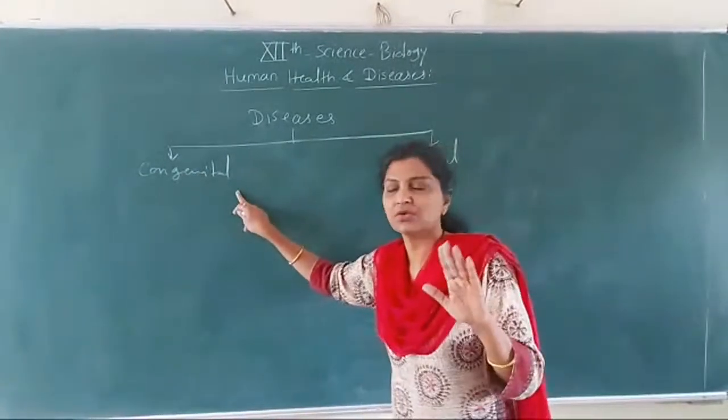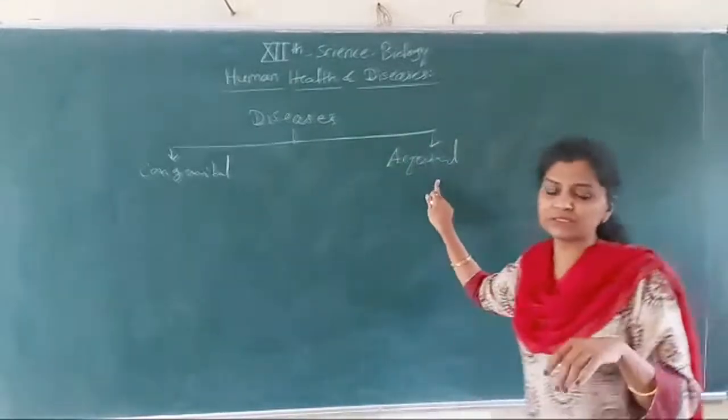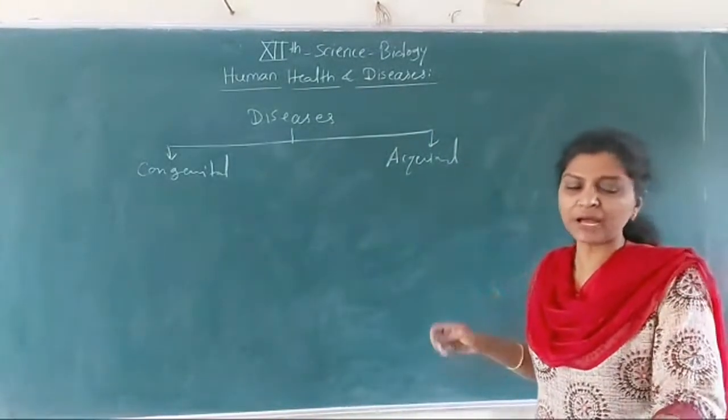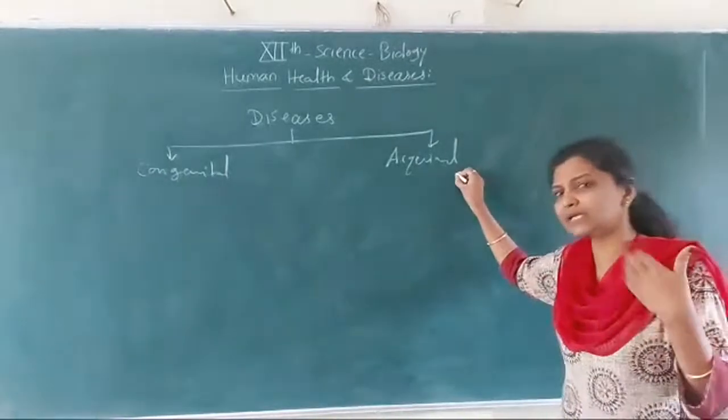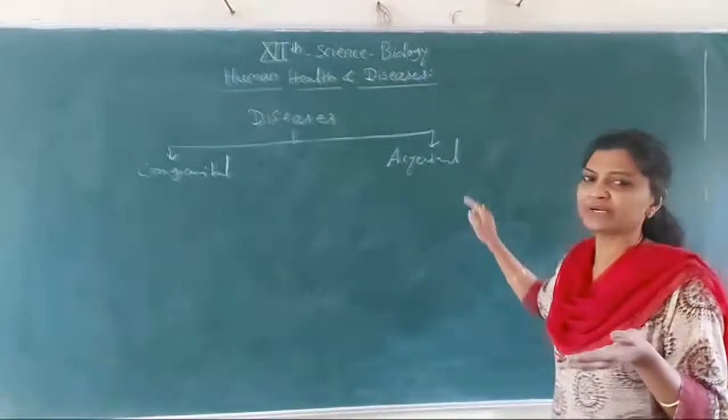Congenital diseases. Okay, and second is acquired diseases. So these are developed after birth. The diseases that occur after birth we call acquired diseases.